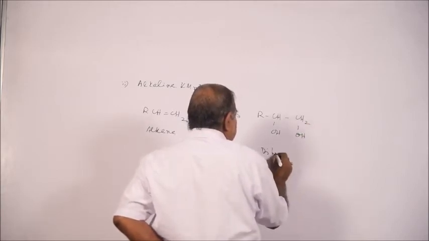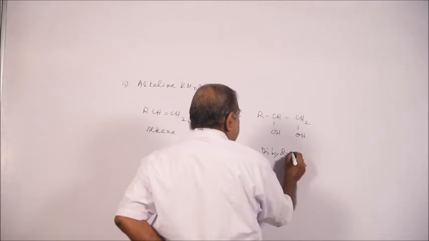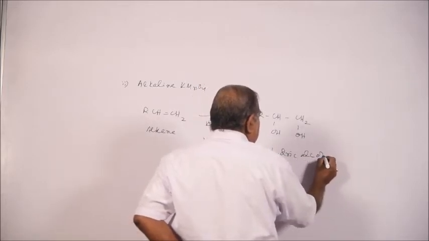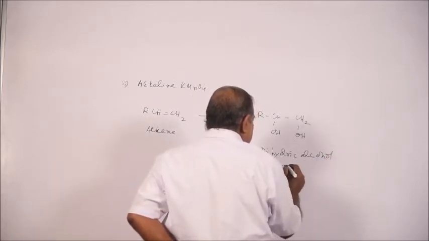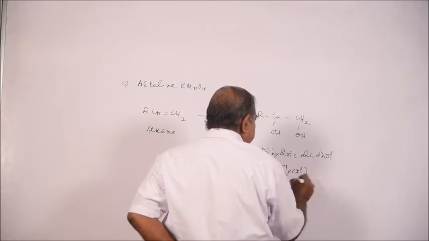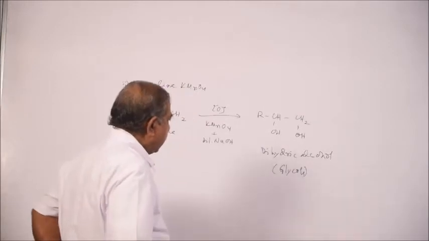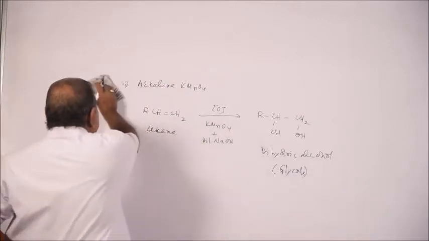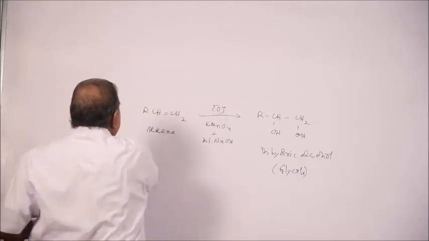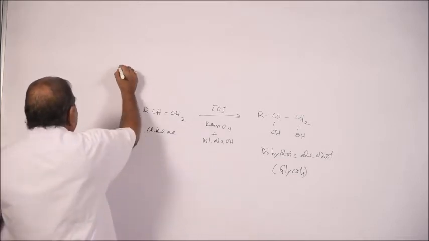Two hydroxyl groups are there. In general, it is called glycols. So you are getting 2 OH groups attached to the 2 carbon atoms that had the carbon-carbon double bond.